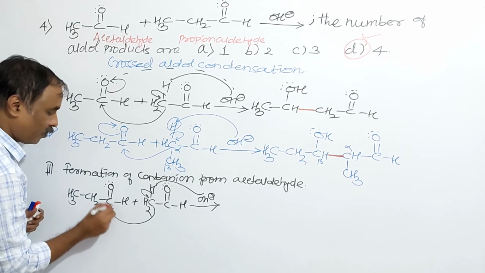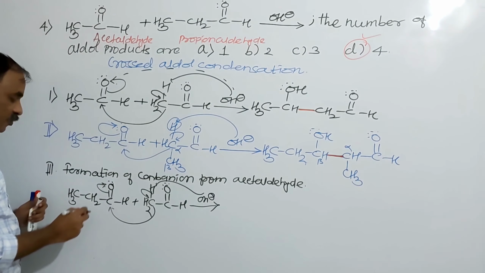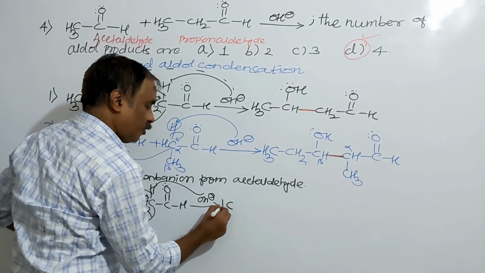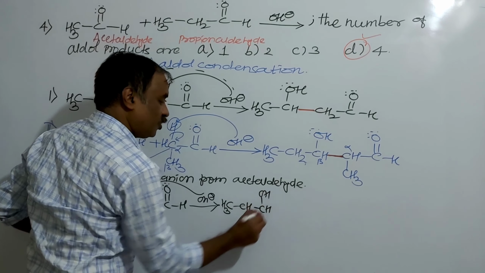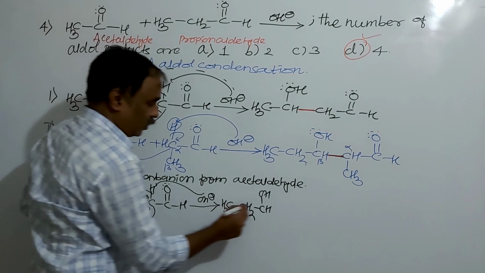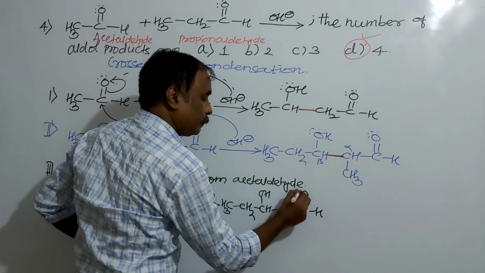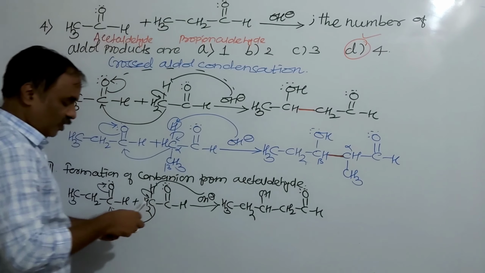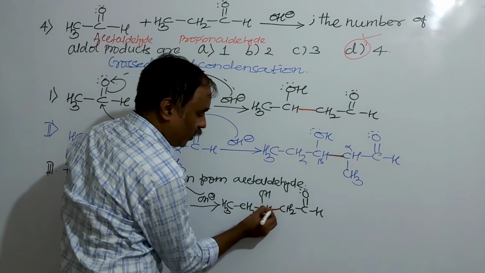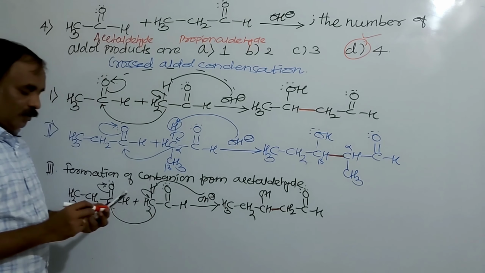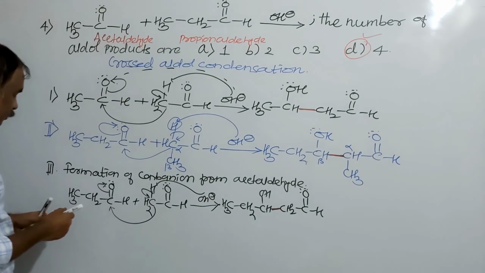Attack of the carbanion, and H from water again to this oxygen, and here formation of CH3CH2CHOH, then CH2, C double bond OH. Here it is a new carbon-carbon single bond. This is a new carbon-carbon single bond. Fourth one. This is the third product.